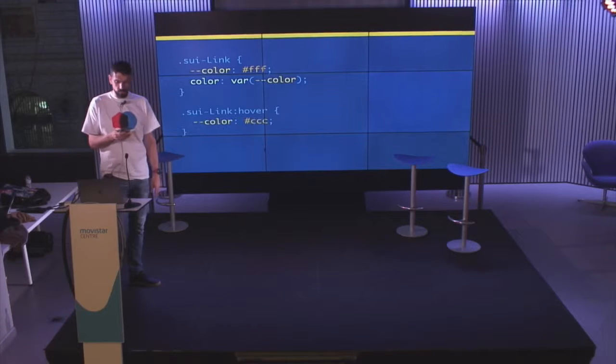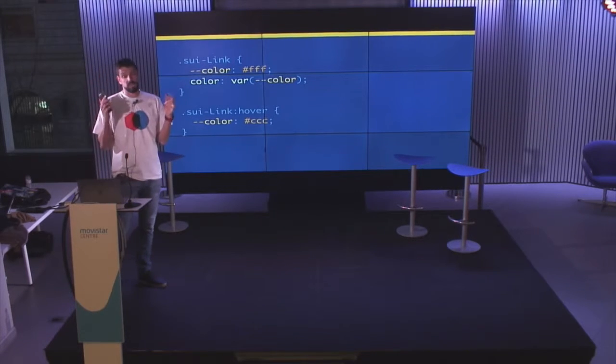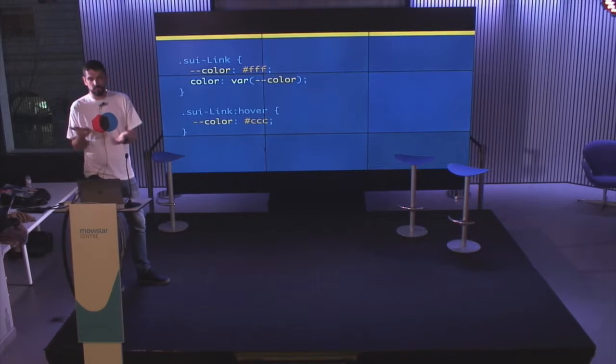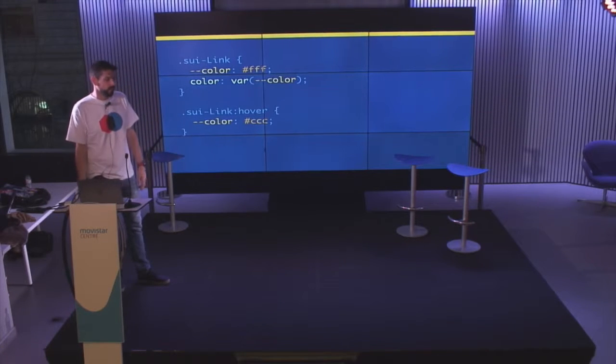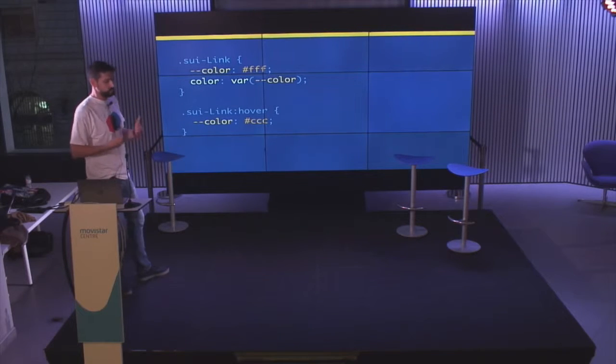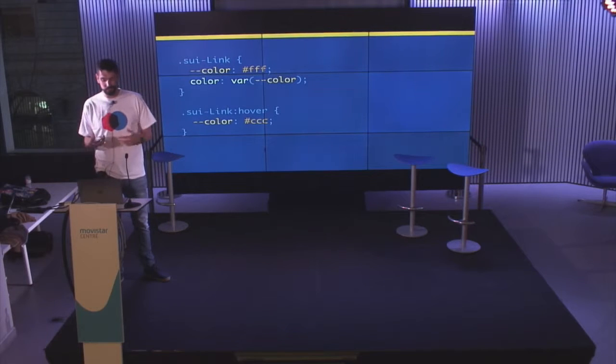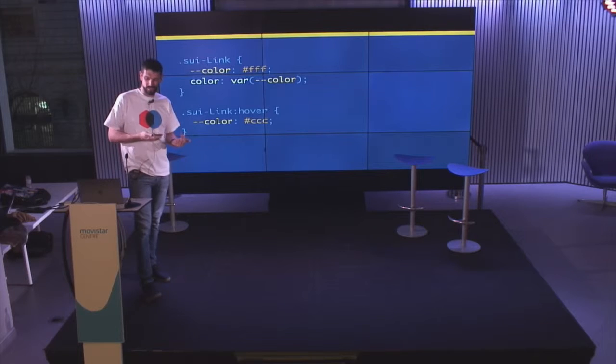So why do we say the custom property, the CSS variable as it's also known, is dynamic and meant to work at runtime? Because a custom property can behave differently than Sass variables.